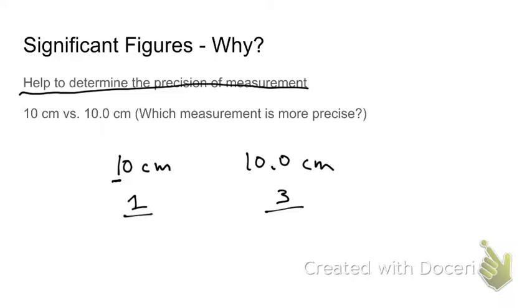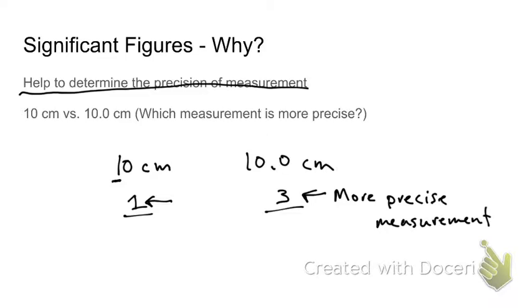What they're saying is, hey, I can measure with an accuracy up to 3 sig figs. This one can only measure an accuracy of 1 sig fig. So this person is saying that they have a more precise measurement. They're saying their ruler can measure all the way to 1/10 of a centimeter, whereas this person's saying, I can measure to the tens place of a centimeter.